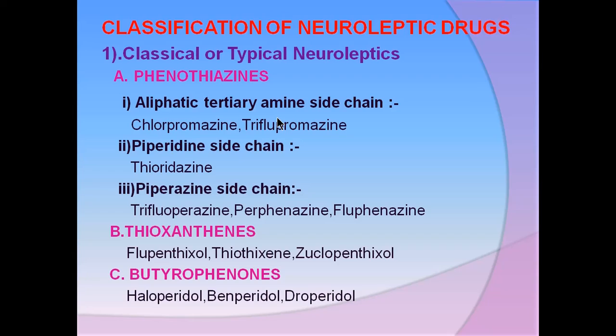Before starting classification of neuroleptic drugs, we should discuss some historical or old terms not used nowadays. In the past, antipsychotic drugs were called major tranquilizers, and there was another term, minor tranquilizer, used for anxiolytic sedative drugs.